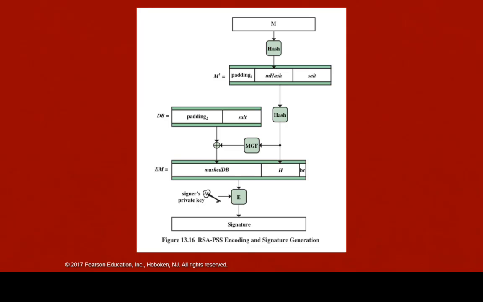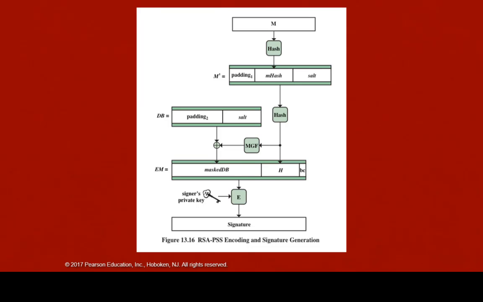There are several approaches to this, one of which is the RSA probabilistic signature scheme, RSA-PSS. This is the latest of the RSA schemes and the one that RSA Laboratories recommends as the most secure of the RSA digital signature schemes. We provide a brief overview here.